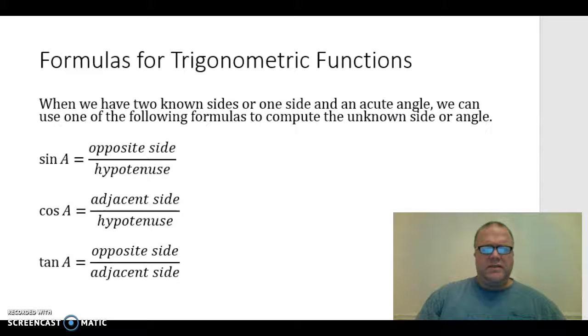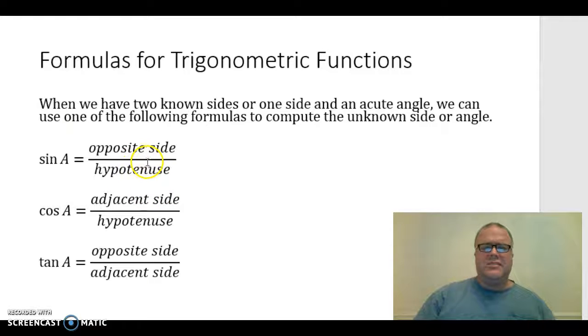The way that we do this is, if you remember from our previous section, we looked at 3 different trigonometric functions, the sine, cosine, and tangent, and each one of those, depending on which acute angle we're talking about, is defined as the ratio of one side over another side.